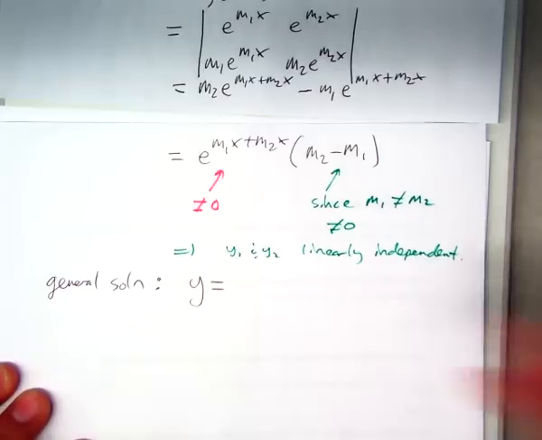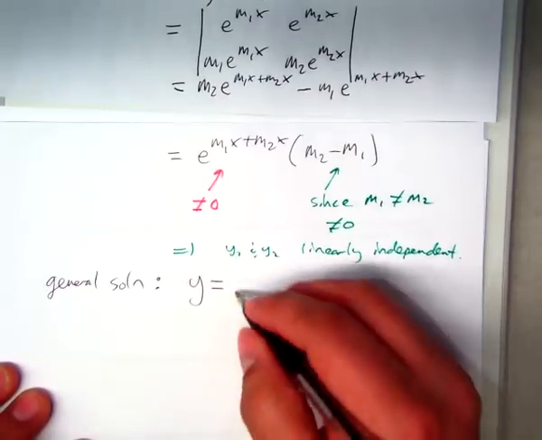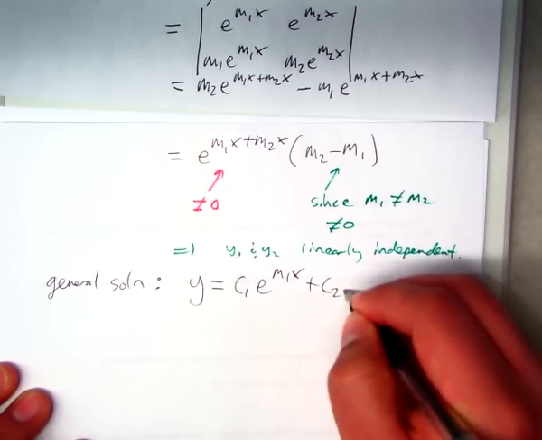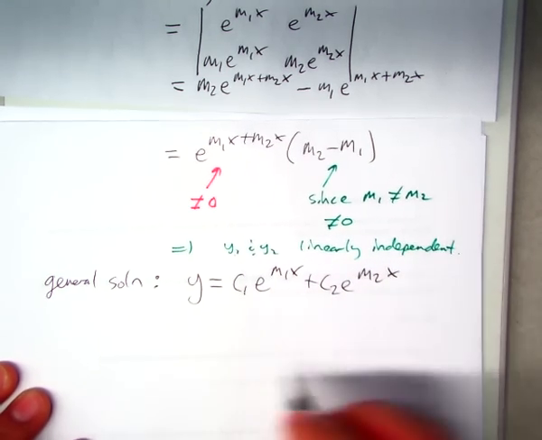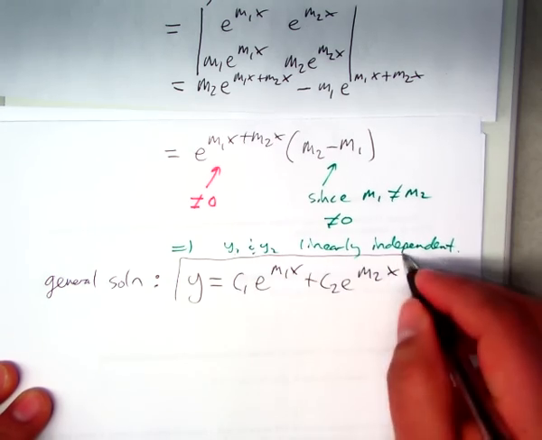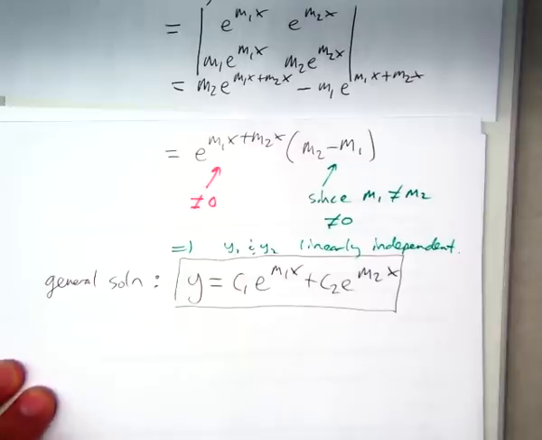If we know y1 works, y2 works, how do we combine them? Good. And that's by the superposition principle. Very good. All right. 1 out of 3 knocked down.